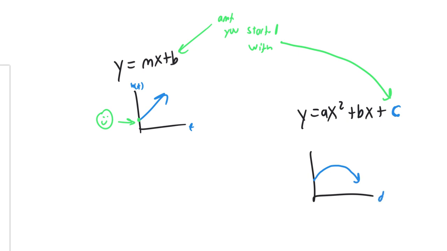Maybe this is days gone by, maybe that's the amount it costs to rent a boat or something. I don't know. So that's important to know that it applies to a quadratic situation as well. So to recap, if you have a real world scenario that's being modeled by either a quadratic or a linear, this y-intercept is the special number that lets you know the amount you started with.